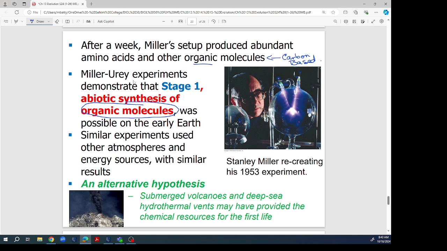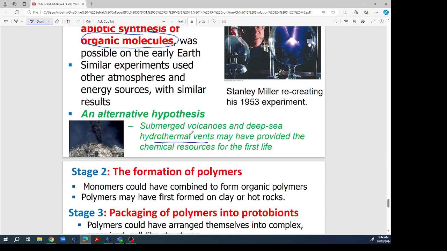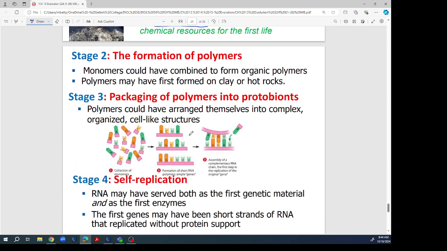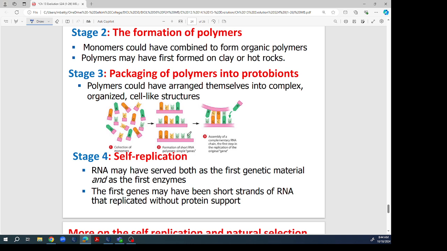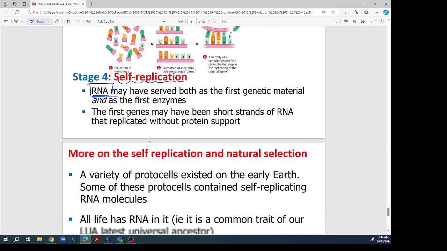So the other ideas, rather than lightning, we could have hydrothermal vents in the deep sea environment. After we had those organic molecules, then we could have monomers making polymers, polymers linking into these early cell precursors, and this idea of self-replication. So RNA is that important first molecule, and it's probably how life started.